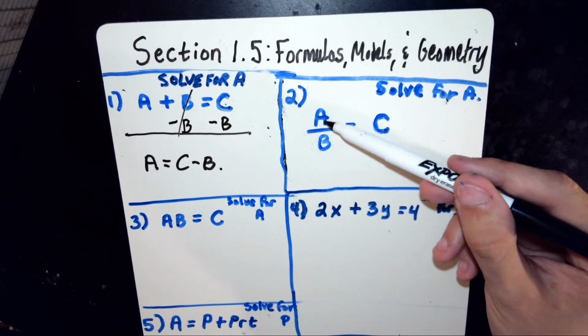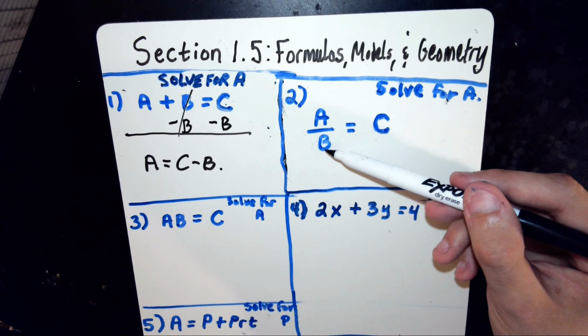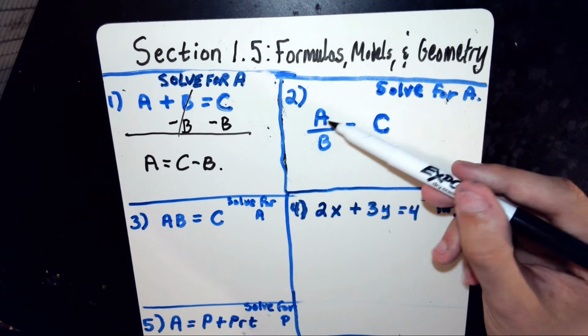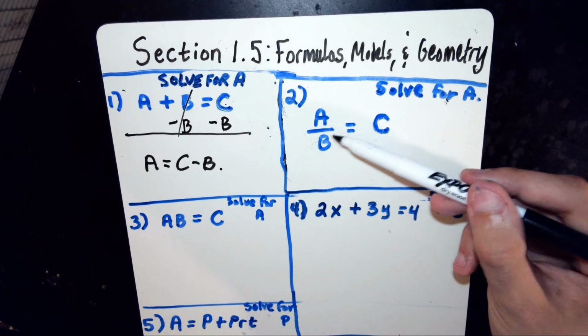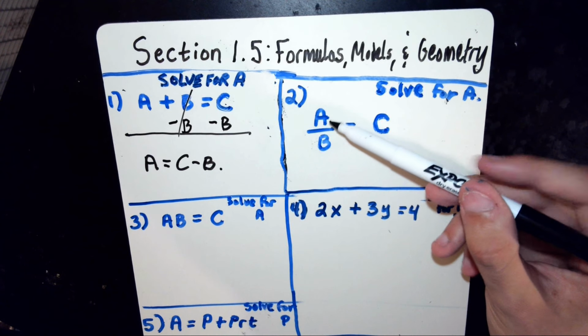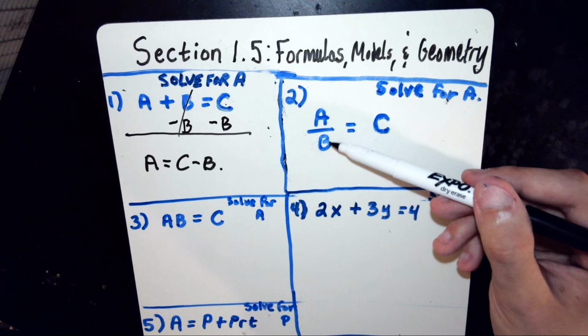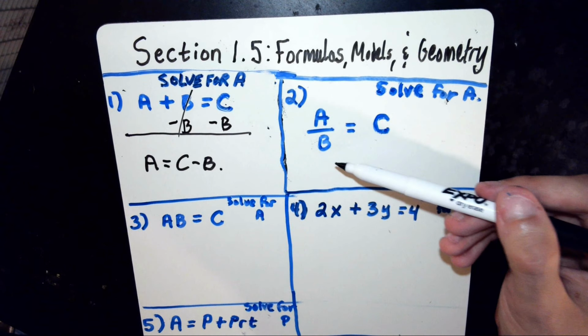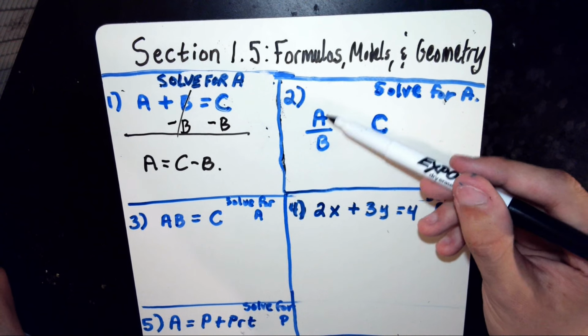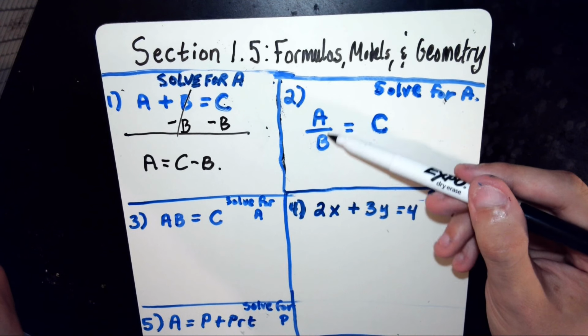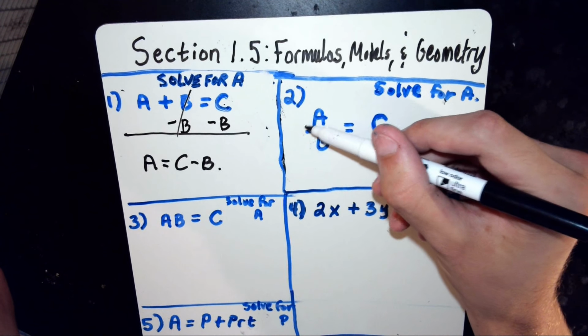Number two, we've got a divided by b, or a over b is c. So again, this fraction bar is the same thing as division. So we're doing a divided by b here. So we want to think, what's the opposite of division? And it turns out the opposite of division is multiplication.